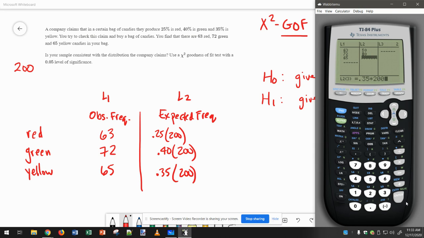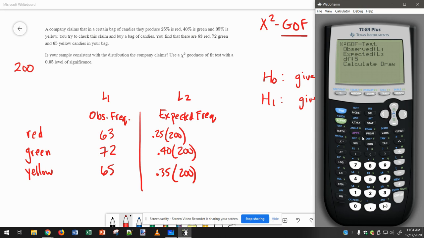A common mistake would be to enter in the percentages, but you'll know that's wrong because when you go to stat tests and the goodness of fit test, it would tell you that you made an error. So we want our observed in L1, expected in L2. You can flip those if you want, but typically observed is first in the test. So just make that L1.